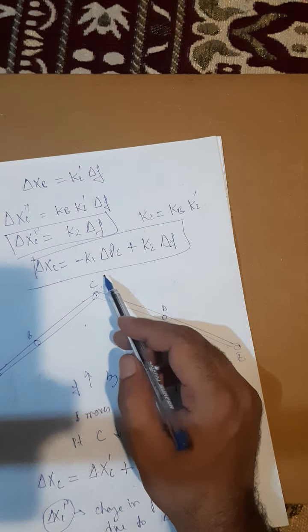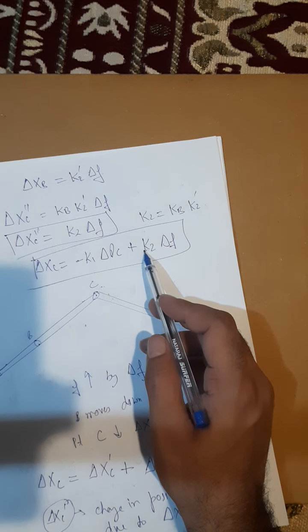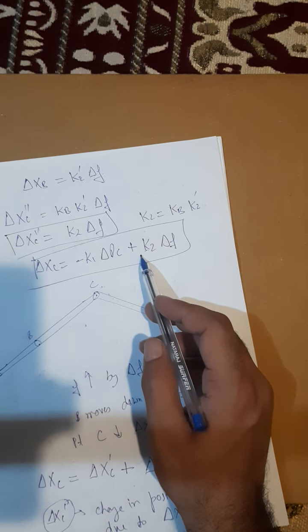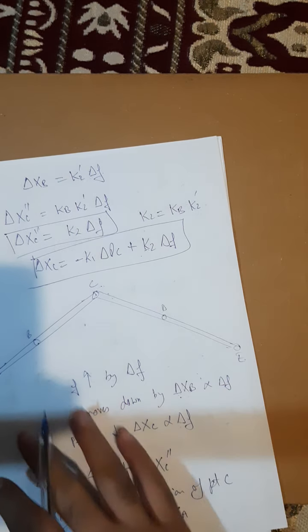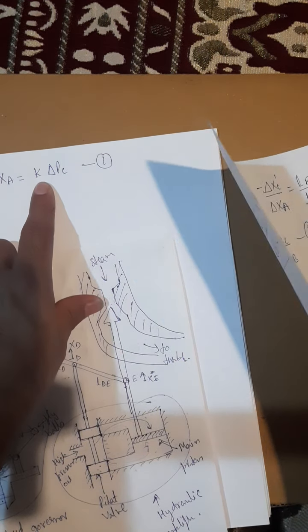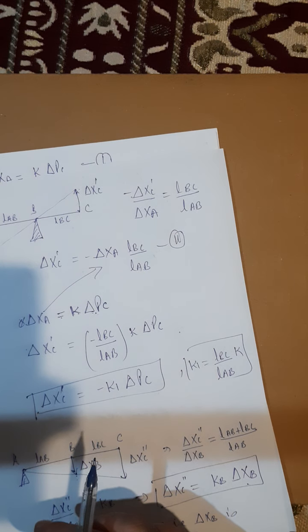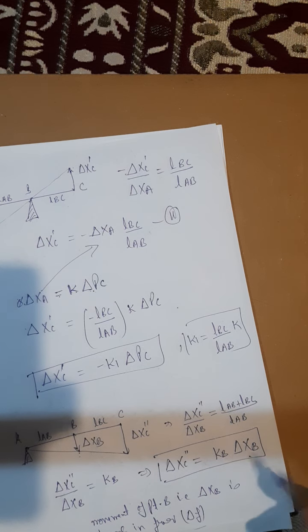These constants k1 and k2 depend upon the lengths of the linkage arms AB and BC, and also on the proportionality constants of the speed changer. The proportionality constant of the speed changer I assumed to be k. And the proportionality constant of the speed governor, because this is a flyball mechanism, I represented by kb.